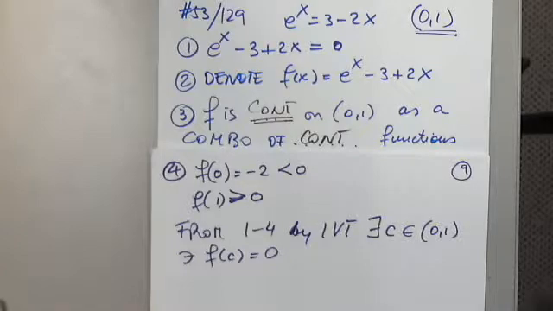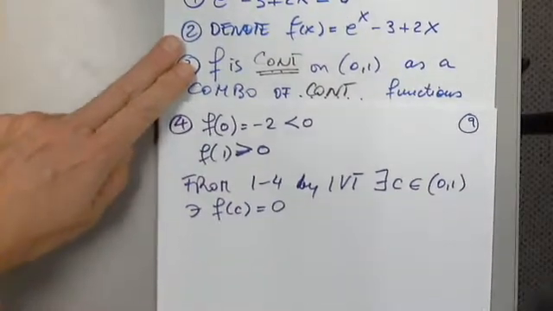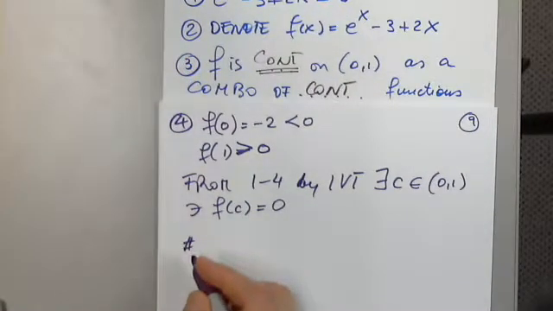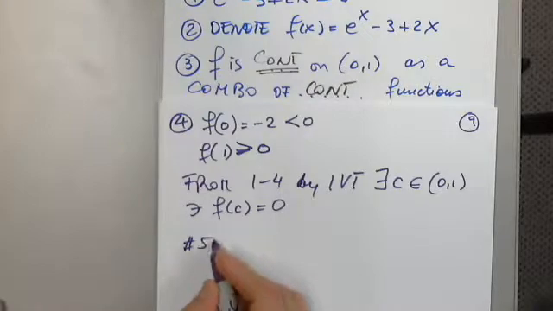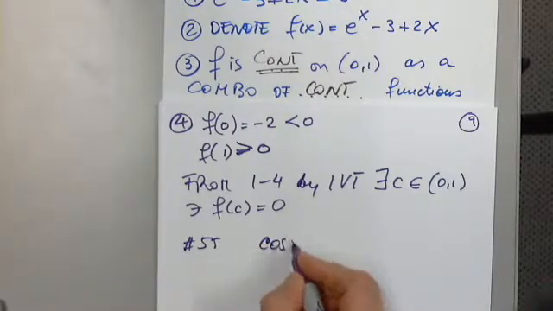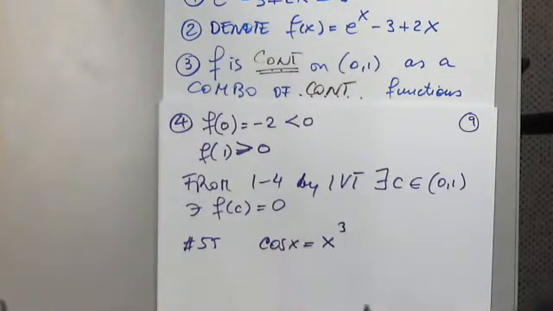Okay, so let's look at another example in which we are not given the interval, and we have to find the interval. Here's another example. Let's look at 55, in which we have cosine x equals x to the third. Again, no one can solve this equation algebraically.